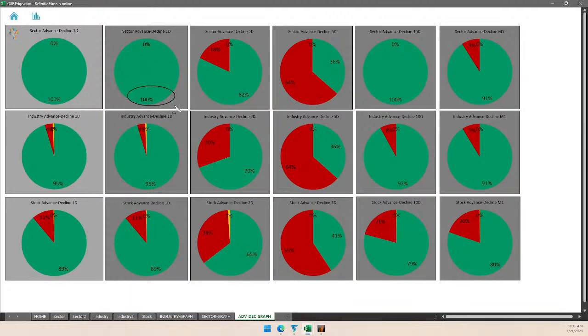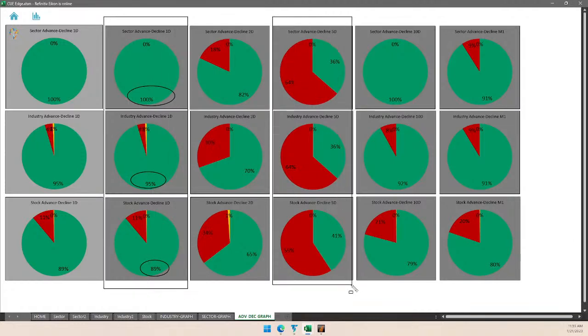Friday, all the sectors were up. 95% of industries were up. 89% of stocks in S&P 1500 were up. That's a very bullish day. The week is still bearish. 5-day period advance decline for sector, industry, stock, all are still bearish.